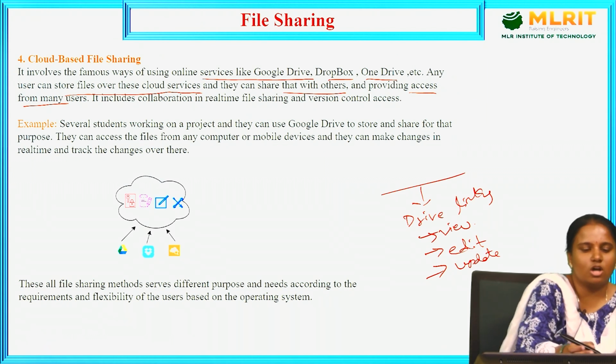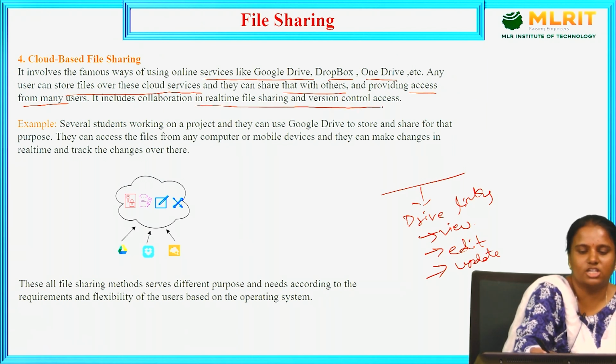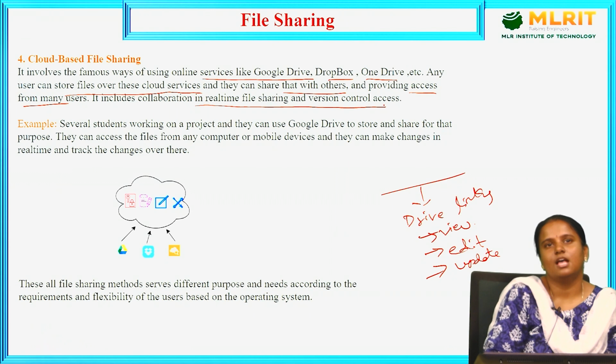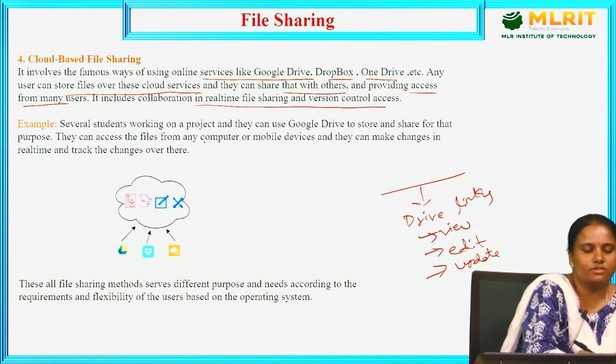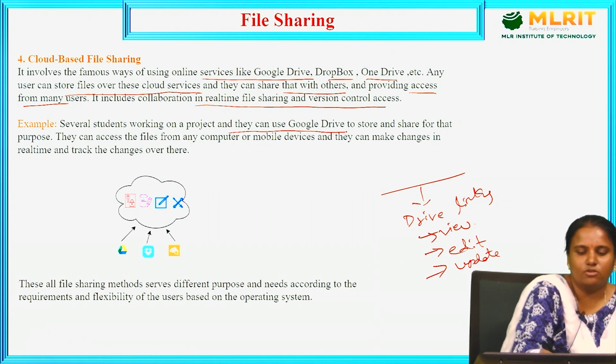It includes collaboration in real-time file sharing and version control access. So file sharing can control some version control access in real time. For example, several students working on a project can use Google Drive to store and share for that purpose.